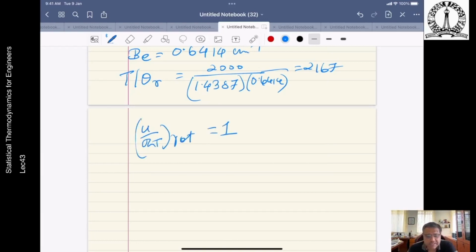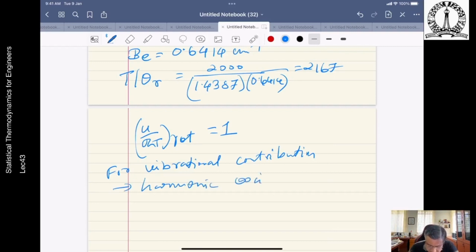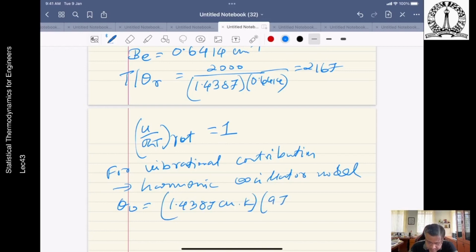We employ all these things. Okay, finally the vibrational contribution, we again use the harmonic oscillator model, for which theta V is equal to 1.4387 centimeter Kelvin times 979.2 centimeter inverse, which is 1408.8 Kelvin.